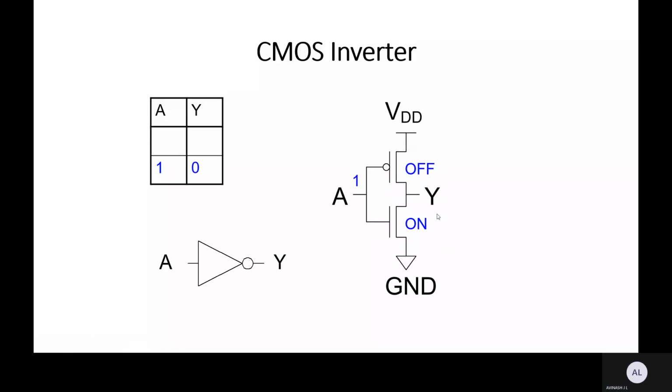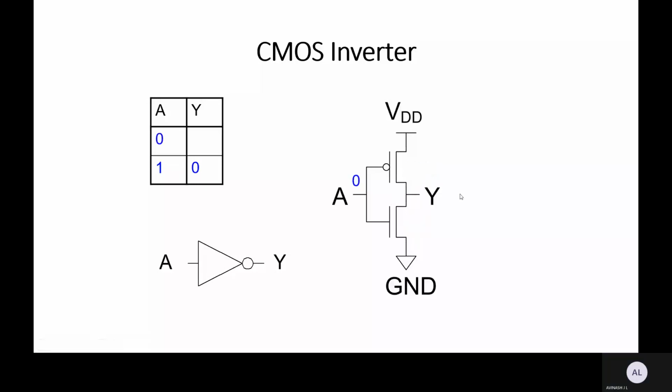When the 1 has been fed, the PMOS will be off and NMOS will be on, and the output will eventually be 0. Why? Because VDD will not be carried through the PMOS. When the VDD is not carried, definitely the output will be 0. Is it clear to you?